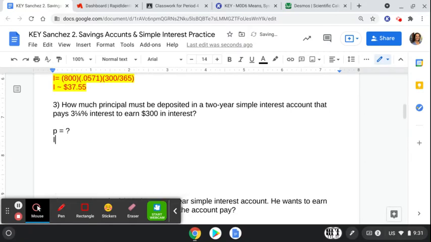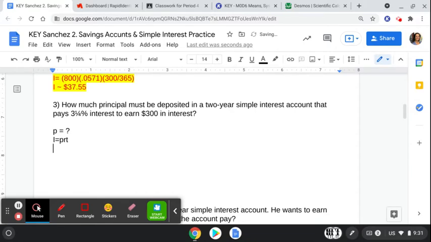So when looking at this I equals PRT, remember how we would divide to manipulate this equation to get the P by itself? If we divide both sides by RT, P would be equal to the interest divided by the rate and time.